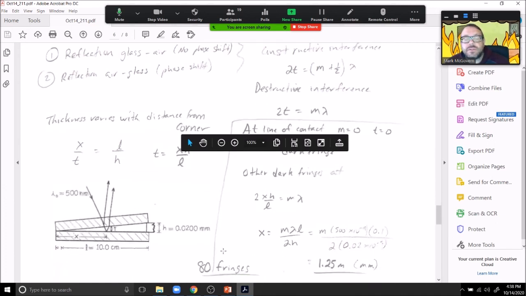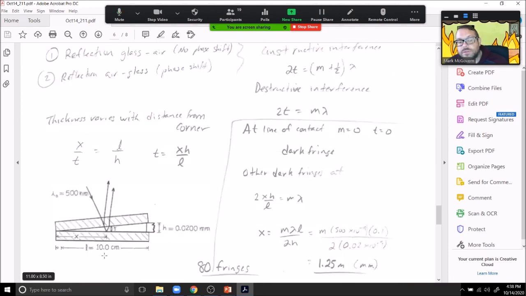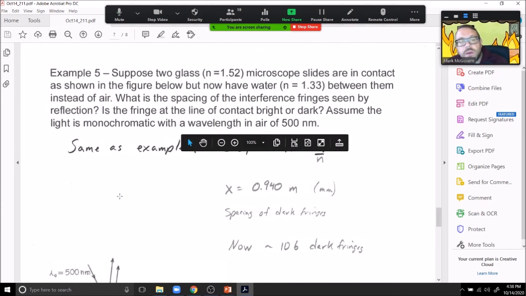In fact, if that's my spacing of 1.25 millimeters, I can divide the full distance, which is 100 millimeters, by this value here, and we get 80. So you're going to see 80 fringes. If you look on the glass, you'll see 80 lines across. All right, cool. Very cool.